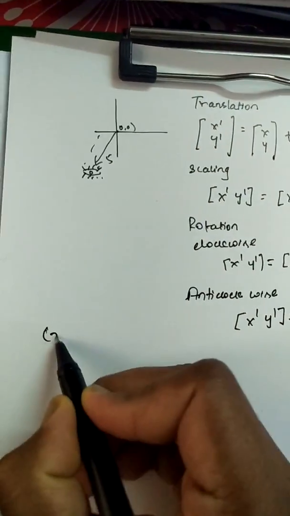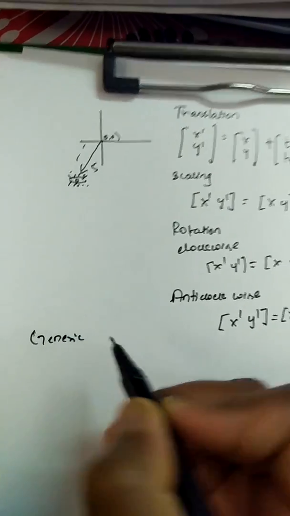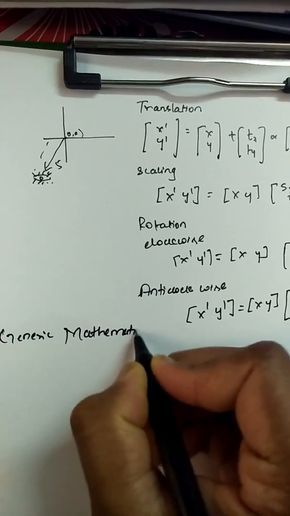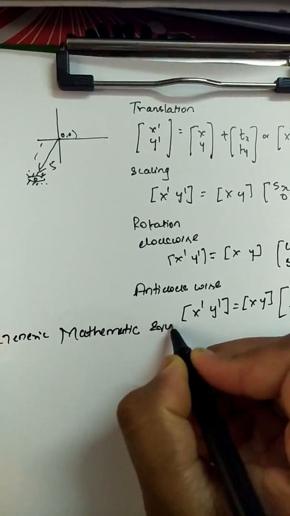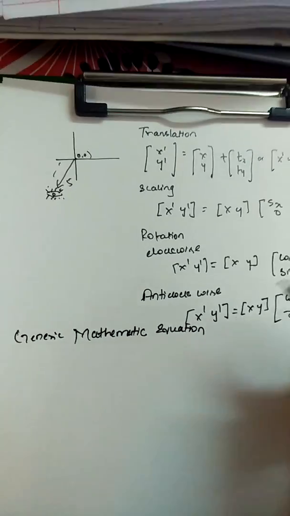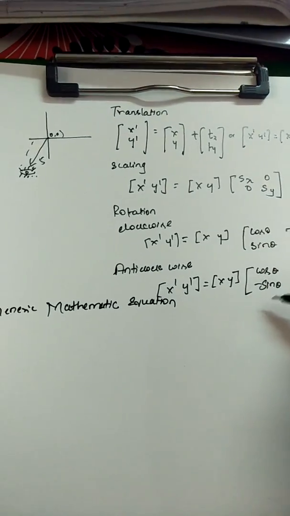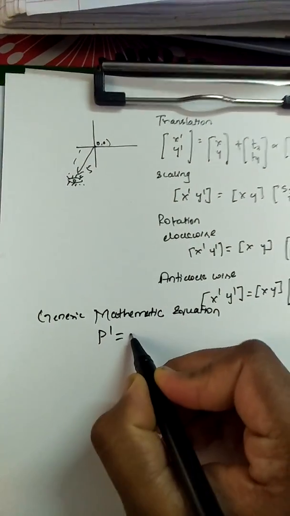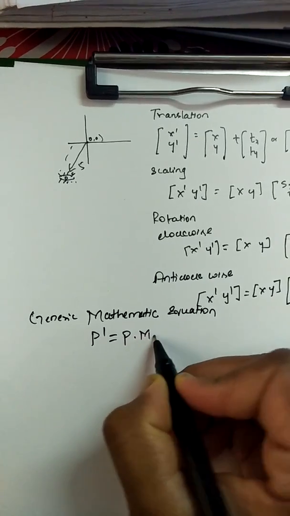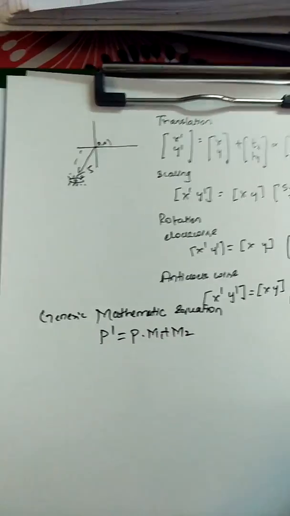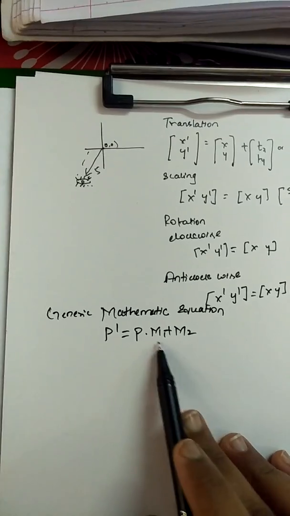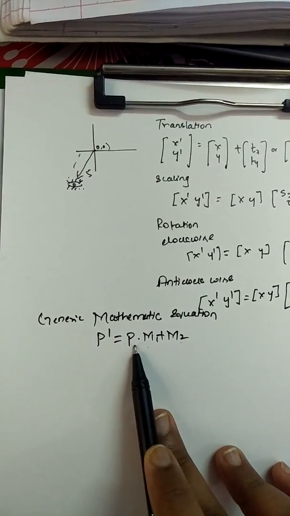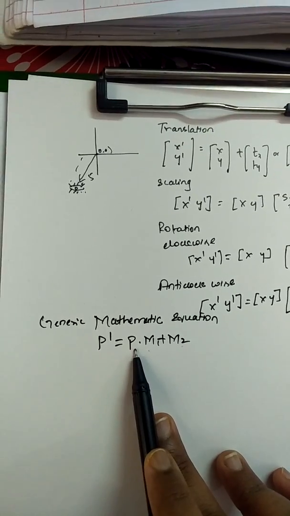There should be a generic mathematical equation that fits all these operations. For example, p dash equals p into m1 plus m2, where m1 and m2 are matrices, p dash is the new coordinates and p is the old coordinates.